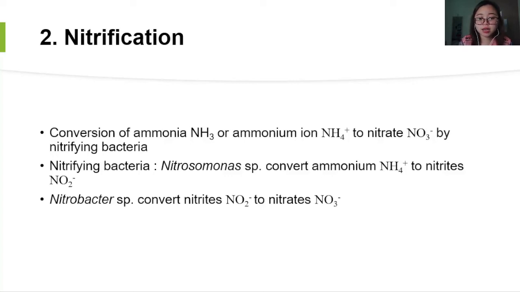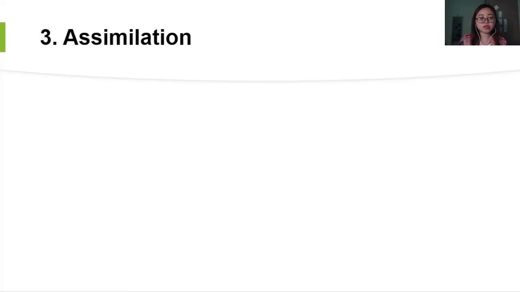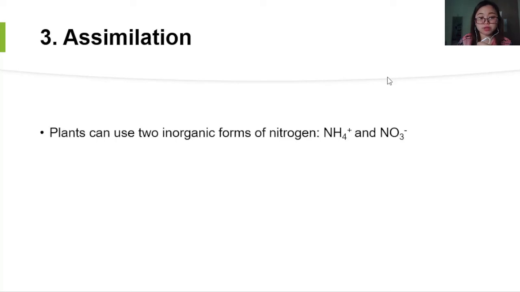Dan ini adalah bakteria yang sangat biasa lazim dijumpai dalam tanah juga lah. So if you're learning more about agriculture, maybe you need to learn more about these nitrogen fixation and nitrification bacteria as well.